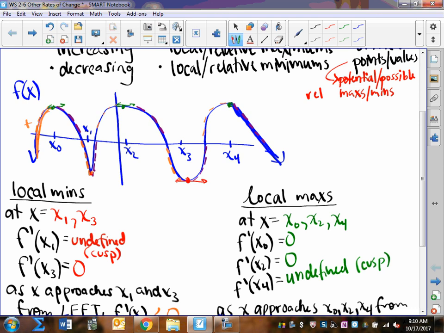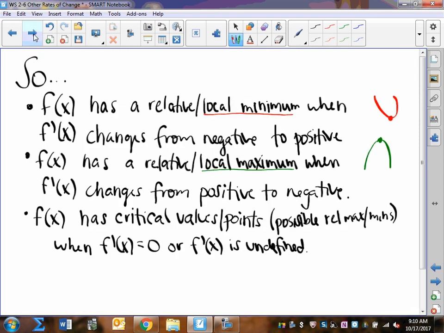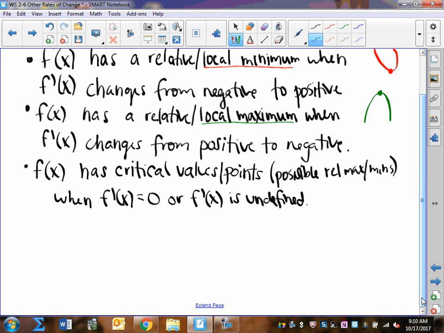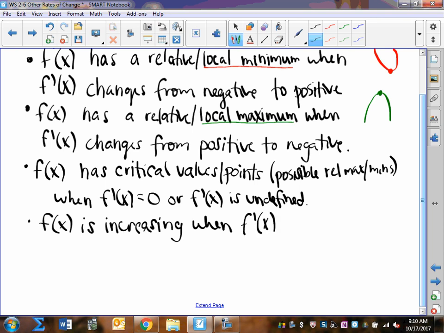Then do we have a positive slope here? Would you agree this is increasing? And over here, positive slope. Would you agree that is also increasing? So we also have the conclusion that f of x is increasing when my derivative, f prime of x, is positive, so greater than 0.